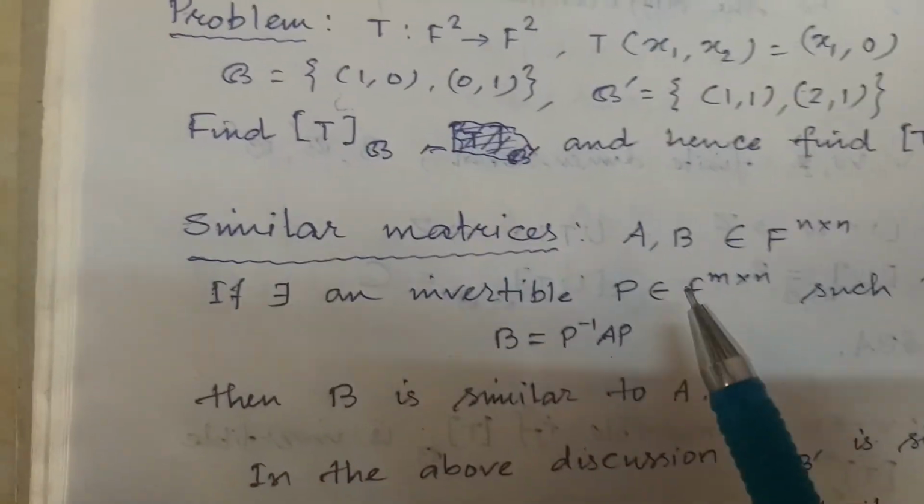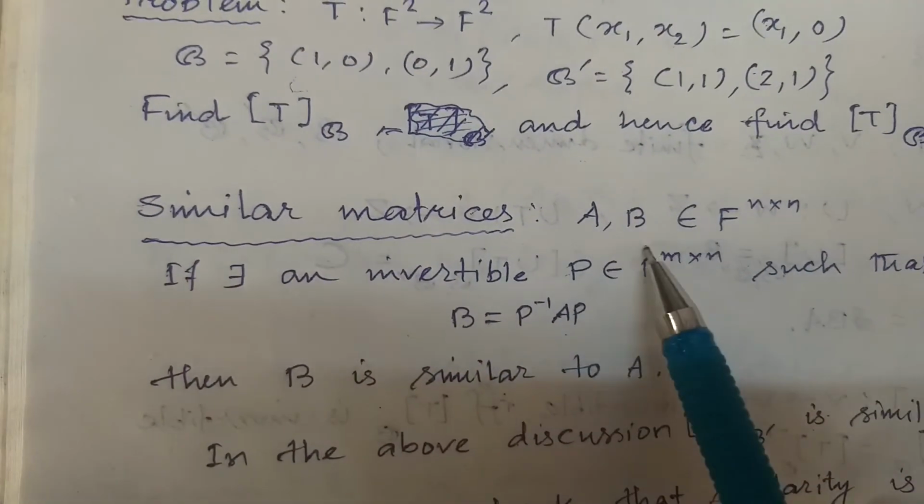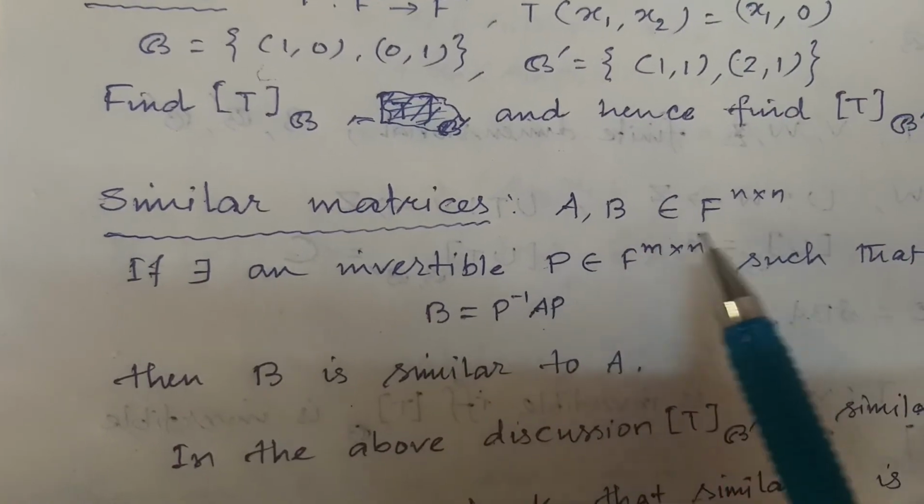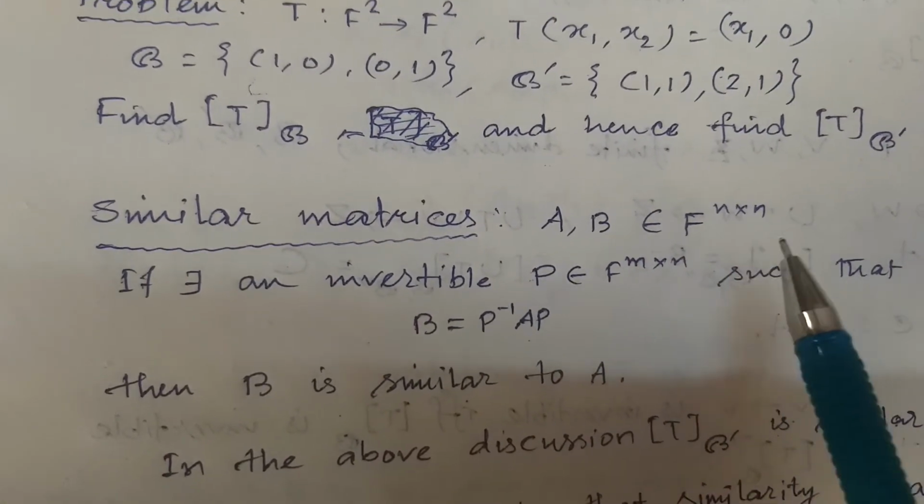Next we define similar matrices. You know it. What are similar matrices? A and B are two matrices, belonging to F n cross n, two square matrices.